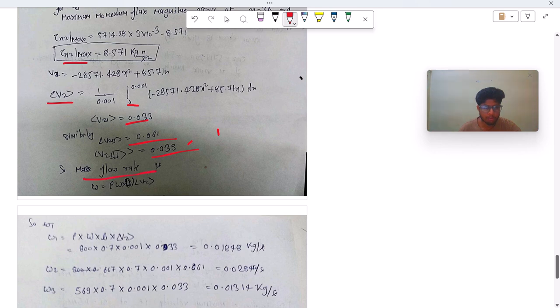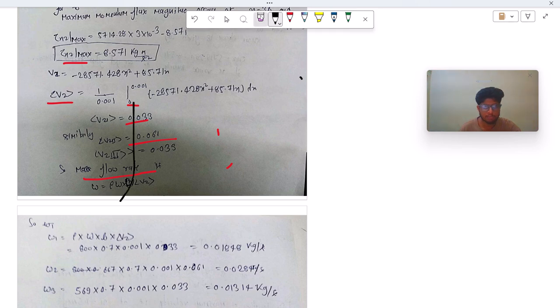So mass flow rate is equal to density into area into average velocity. As we know, the area will be taken perpendicular to the velocity.